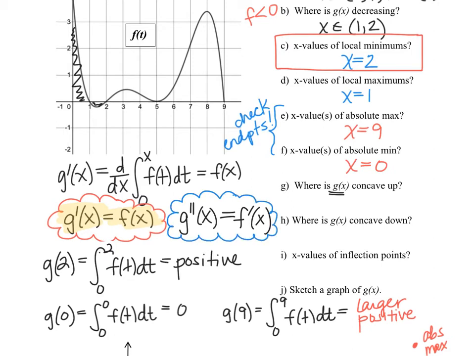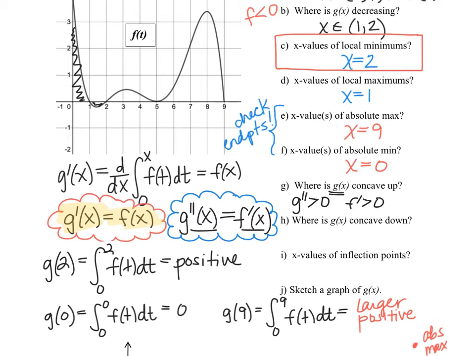So when I'm trying to figure out where function g is concave up, ultimately I'm trying to figure out where the second derivative of g is positive. Then that will be where g is concave up. But the second derivative of g is actually the first derivative of f. So I'm really looking for where f prime is greater than 0.